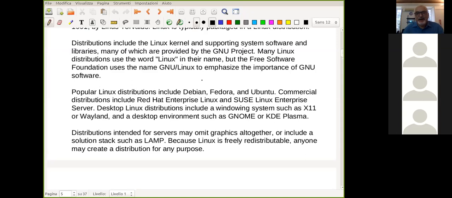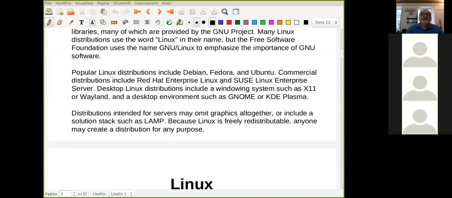So at any price. That's the reason why prices are so low, from the point of view of the kernel, 0. Linux is distributed in distributions, or in jargon, distros. The most famous distributions are Debian, Fedora, Ubuntu.